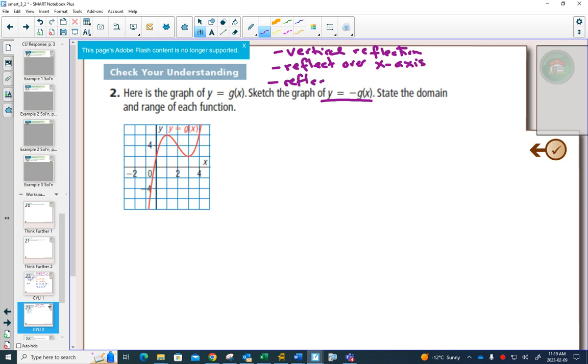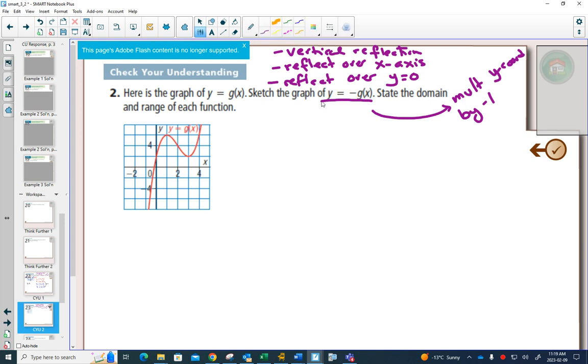And if I name my x-axis, its actual equation is y equals 0. And this will multiply your y coordinates by a negative 1.